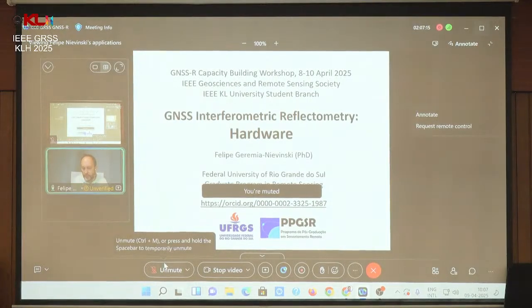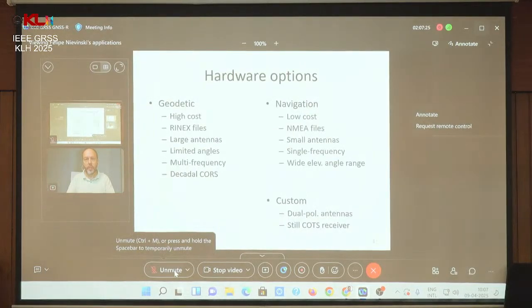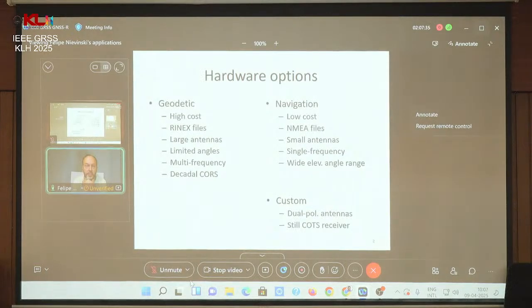So let's assume I have convinced you to do GNSS-R. What kind of instrumentation do you need? You can do this with geodetic-grade equipment. It has high costs.